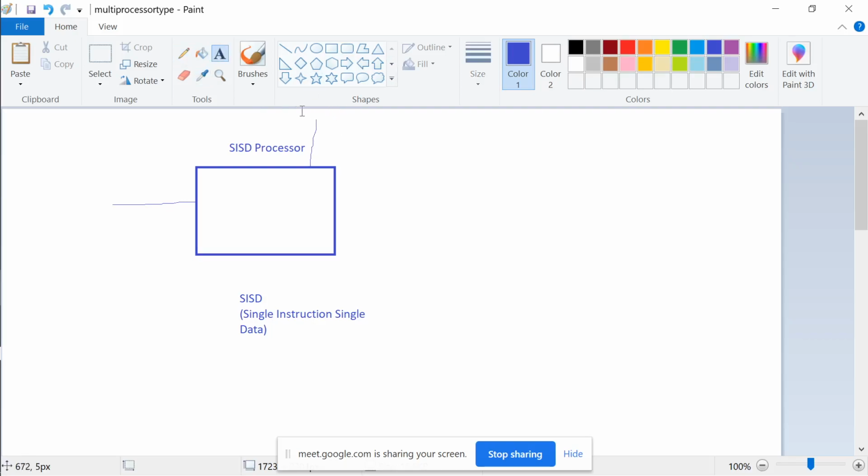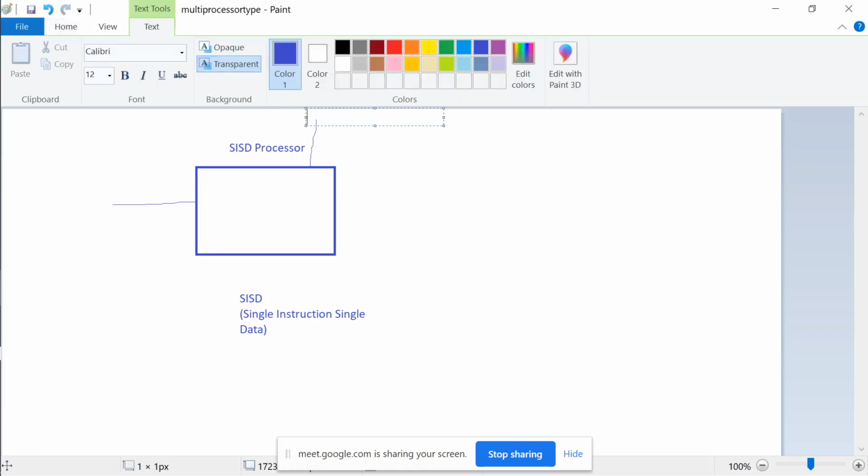Just think of these lines as wires, okay? So this is your data line D1 and this is your instruction line I1.